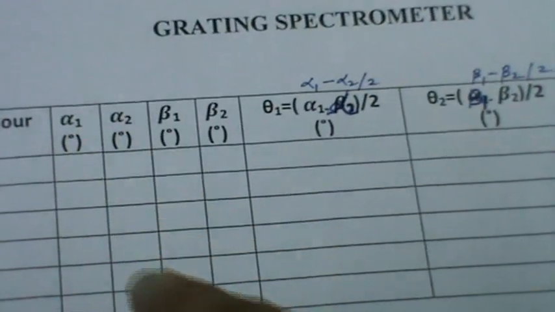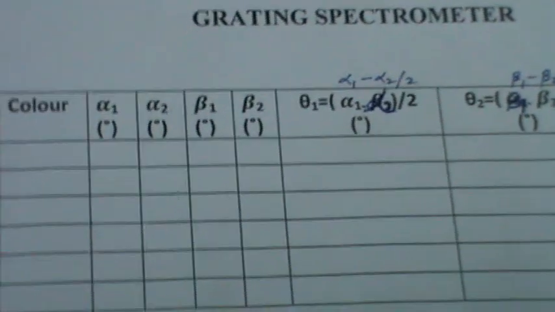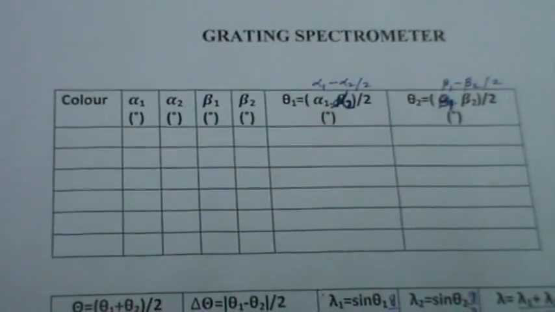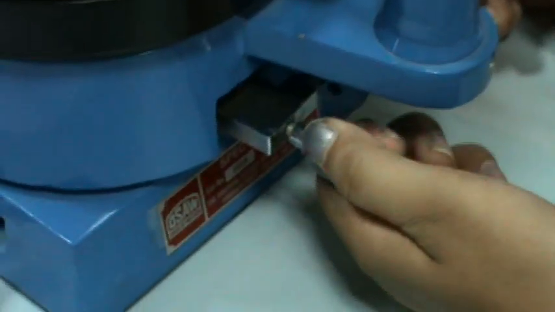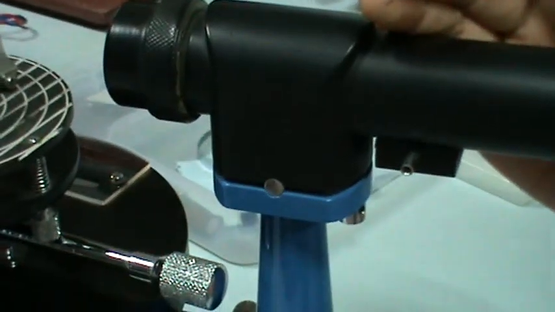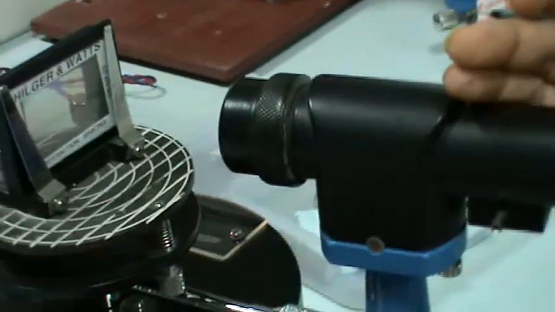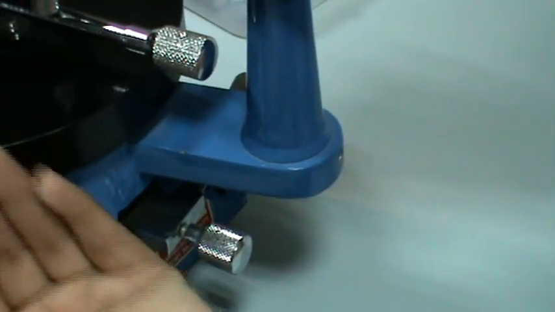After noting all the readings for a particular spectrum, we will again unlock the telescope and start rotating it further in this direction, and you will find another spectrum of first order on this side of the grating.